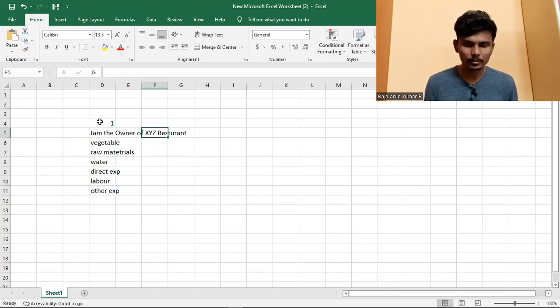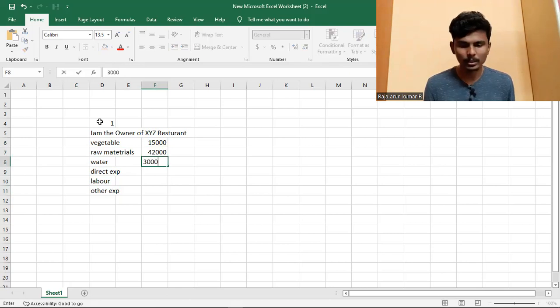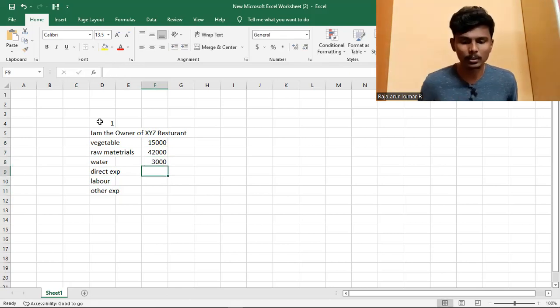Vegetables I want for 15,000. Raw material I want for 42,000. Water I consume 3,000 per day. This is per day that I calculated for a restaurant. Direct expenses per day around 3,000. Then labor per day is 6,000.